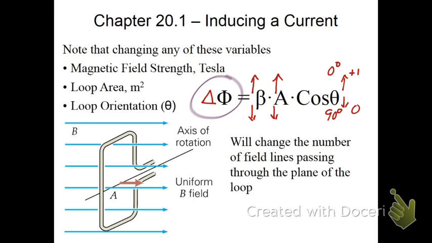And I'm going to maximize this change by what Michael Faraday said, it's going to take some time to change the field. So if I can decrease the amount of time, right, increase the rate of change of the magnetic field, then I am going to induce a voltage and therefore a current.